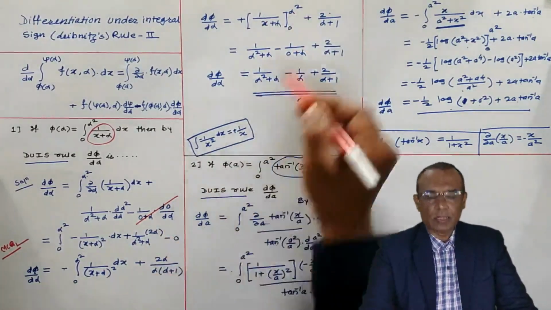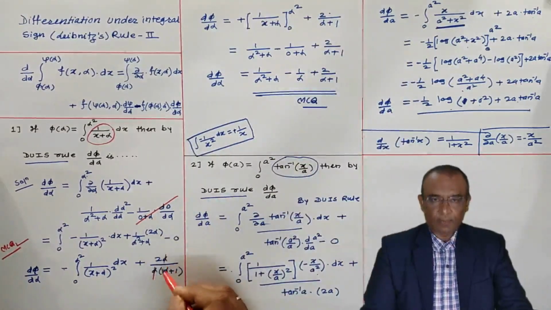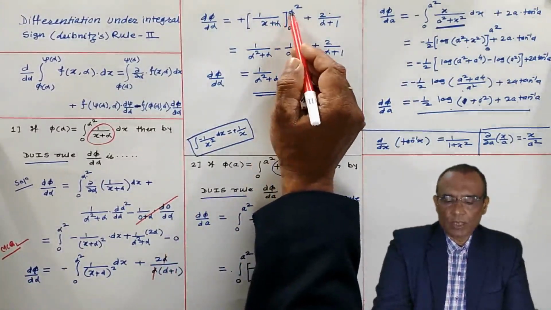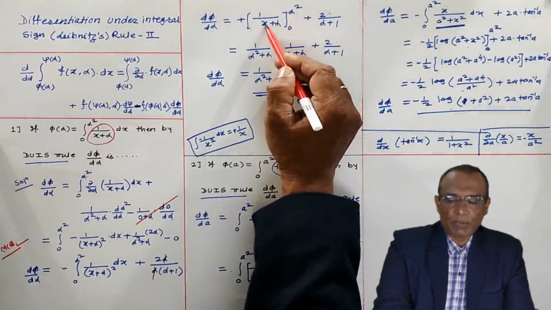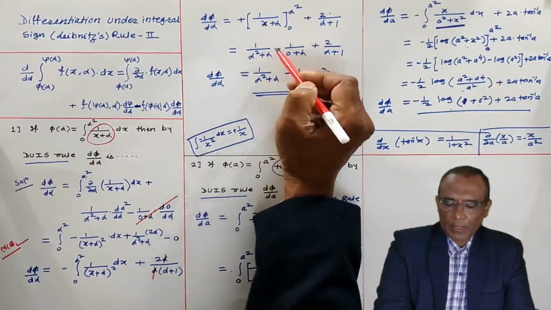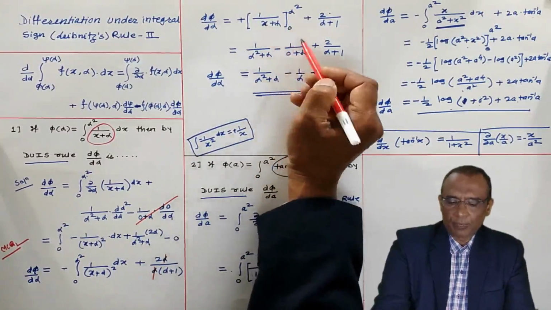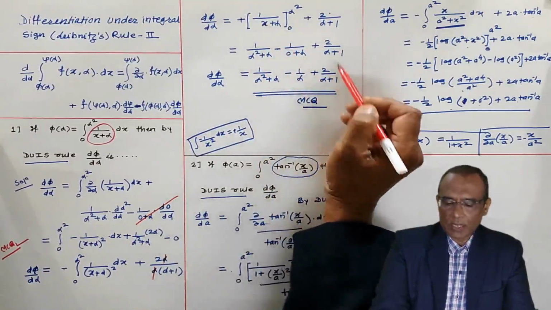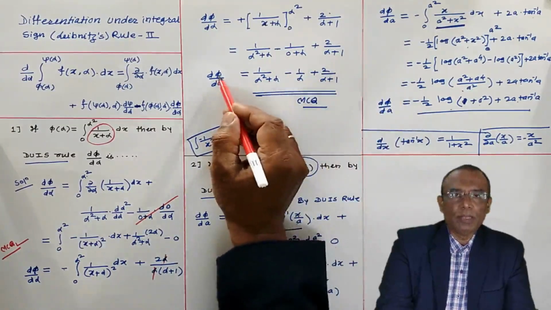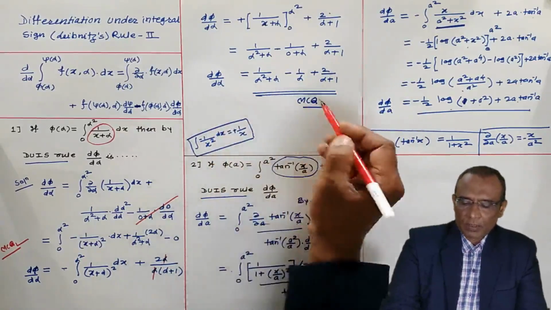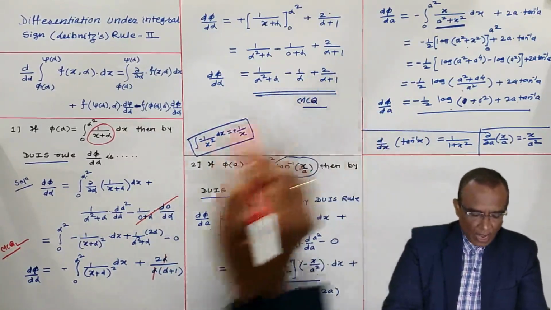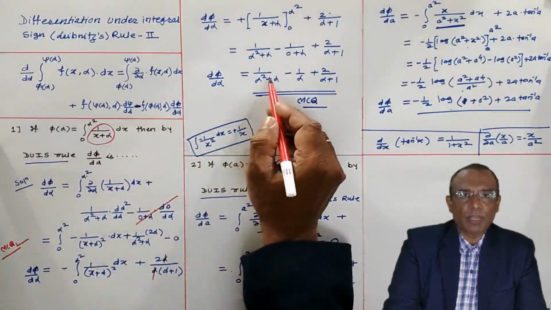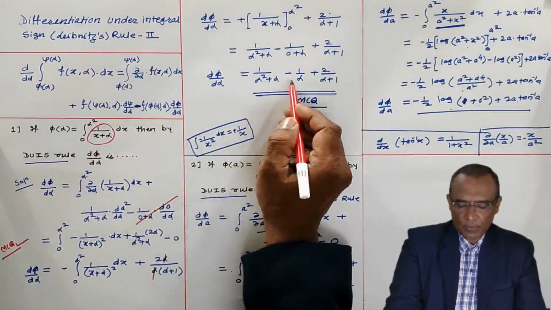This term is as it is, only alpha gets cancelled. Now put x equal to alpha square, the upper limit, because x was the variable of integration, minus put x equal to 0. So this is as it is, minus 1 by alpha is as it is, this term is as it is. So this is the value of d phi by d alpha. So this may be asked as an MCQ. Either this portion may be asked as an MCQ or this more simplified portion may be asked as an MCQ.